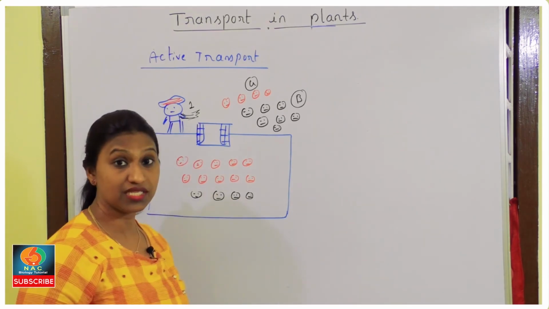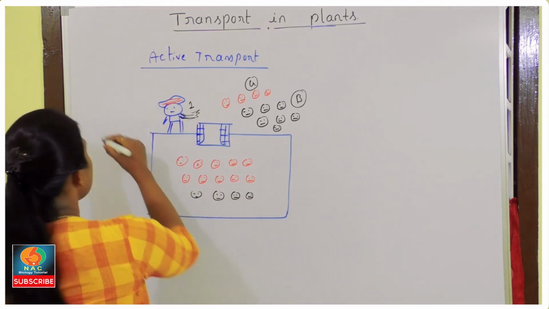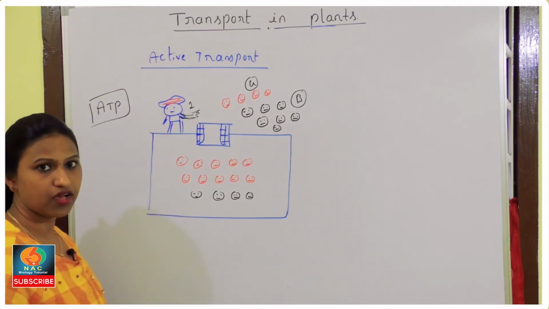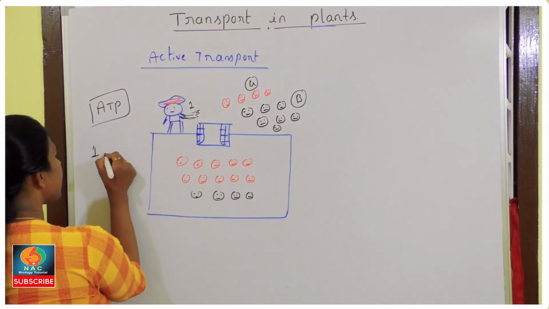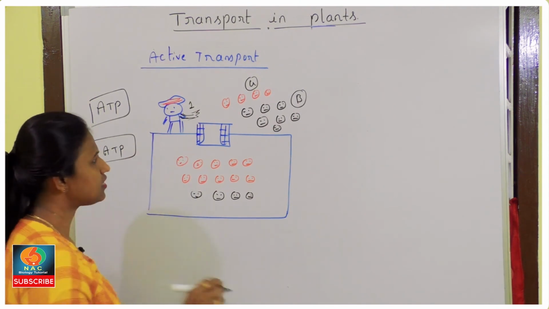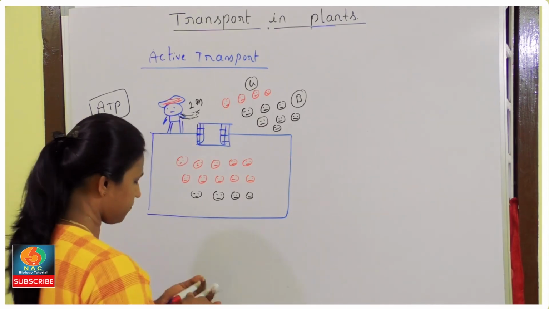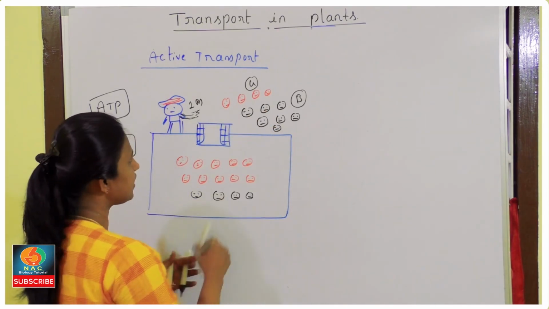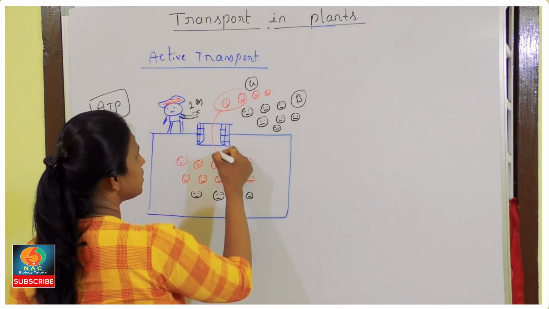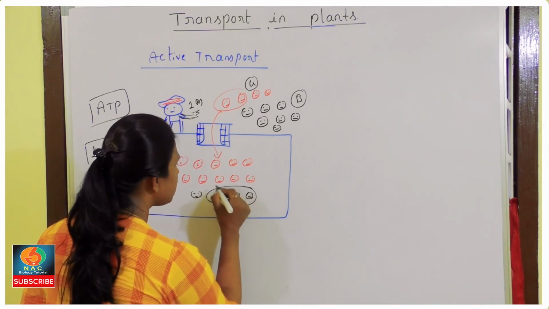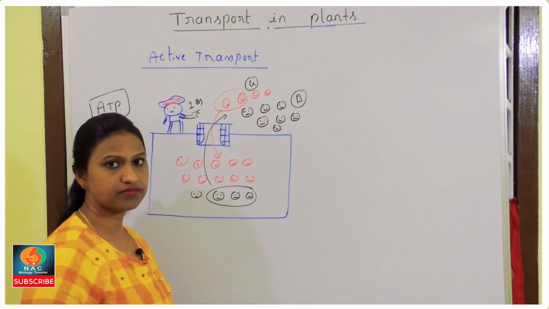1 rupee means, here in biology, we can use the term ATP. ATP is nothing but our energy currency. So by giving 1 ATP, 1 rupee, to this watchman, 2 girls are getting inside, and 3 boys are moving outside.